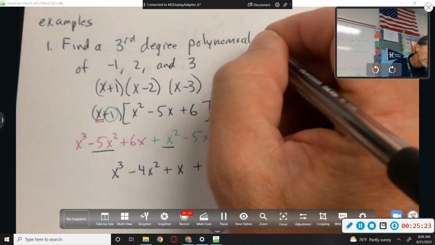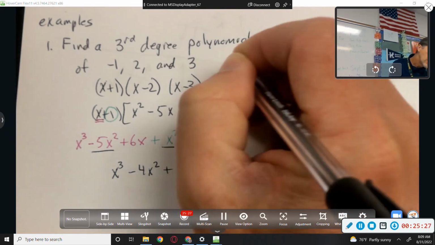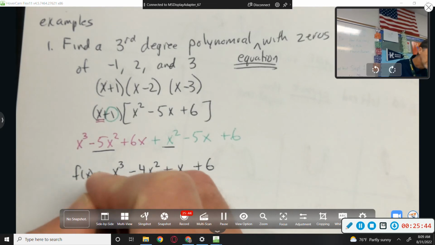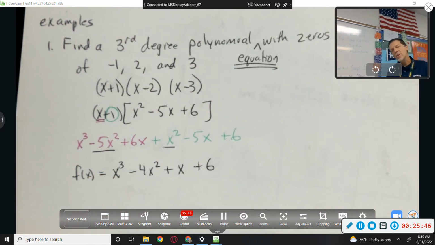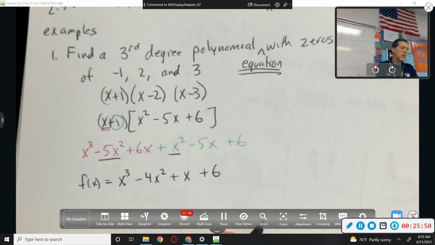Maybe it would have been better if I had clarified: find a third degree polynomial equation. That's not an equation right now. What would make it an equation? Yeah, I just need f of x equals or y equals. So multiple choice, that's going to be obvious. Free response, you don't want to lose a point because of that.